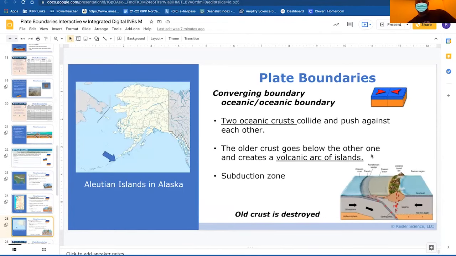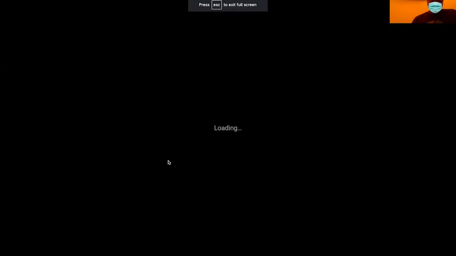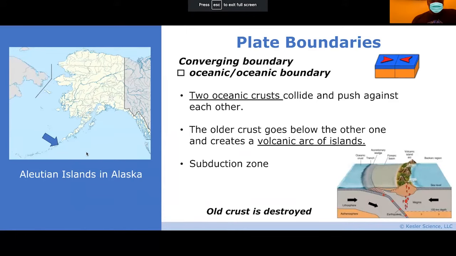All right. Now here's oceanic to oceanic. Like here's one plate here, and then I'm going to show you there's another plate right here moving this way. And this is the space between two oceanic plates colliding. And if you look down here, it's creating this arc of islands.